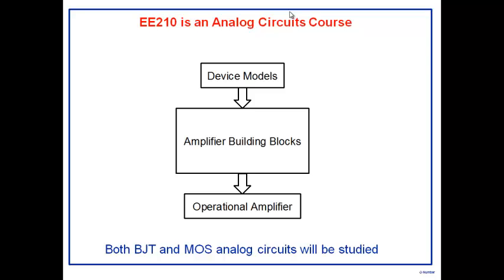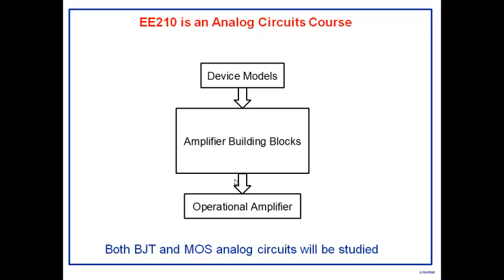And this particular course focuses on analog circuits. Now, it turns out that analog circuits also is a very large field. And so in this particular course, what we'll do is focus on amplifiers. So the whole course revolves around amplifiers. The bulk of the course that you see here are amplifiers here.